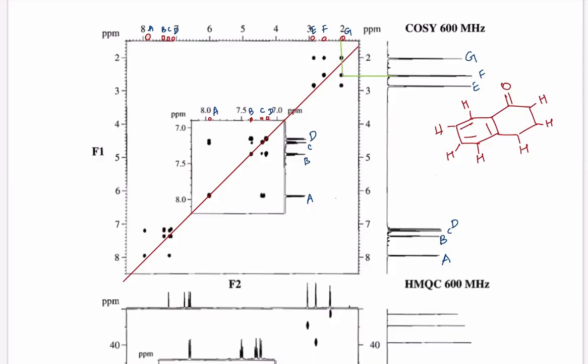And again there is correlation between E and G, and then when we go here for the aromatic region, there is correlation between B and D, and then again there is a tiny spot right there, so we should also account for that. So there is correlation between B and C. Then finally there is correlation between A and C.